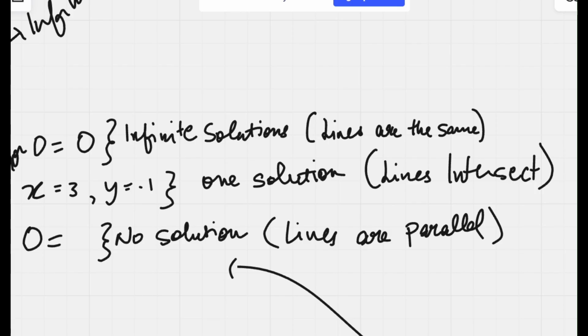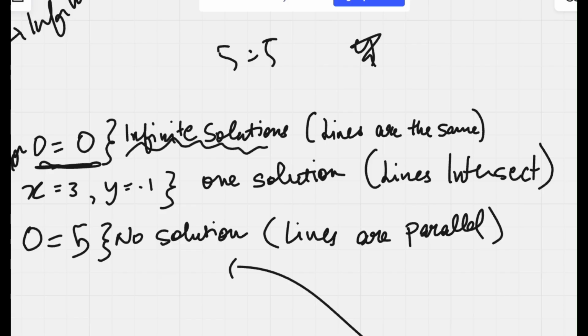When we solve the linear system using elimination or substitution, we get three possible answers. Either we get 0 equals 0, or 5 equals 5, or any statement that is mathematically correct.